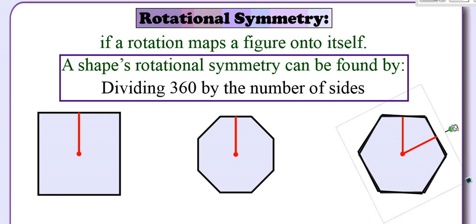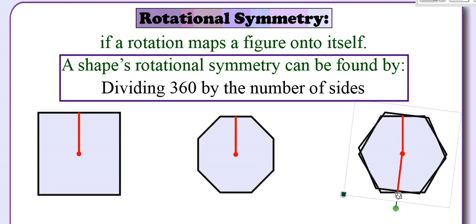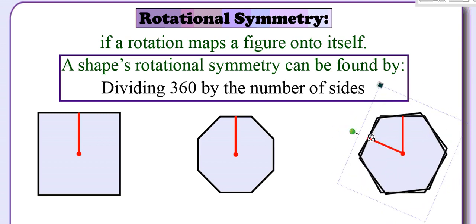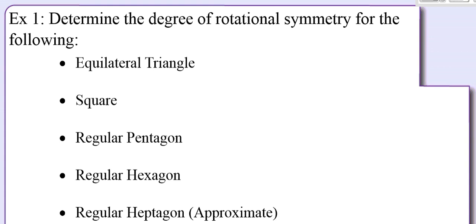Hexagon, 6 sides, so 1, 2, 3, 4, 5, 6. So an equilateral triangle, it's got 3 sides. So all the angles along the way, you would do 360 divided by the 3 sides. 360 divided by 3 is 120.